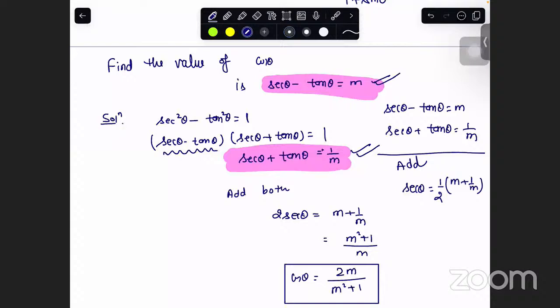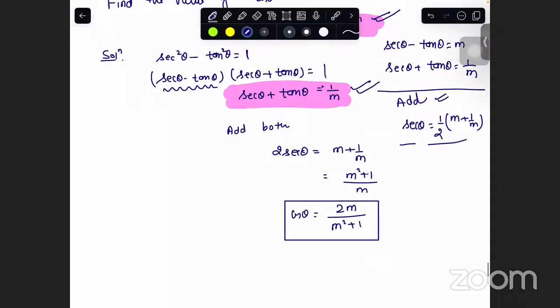All right. So if I add both of them, I get sec theta is half of m plus 1 by m. So now 2 sec theta will be m plus 1 by m. So cos theta will be 2m upon m square plus 1. Got it?